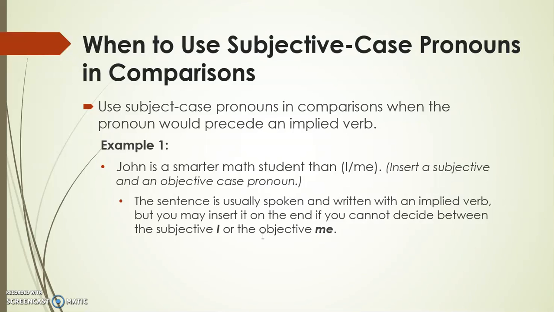Most of the time, in our everyday conversation, we would say John is smarter in math than me. This, however, is incorrect because the verb, which is implied, is going to require a subjective case. Let's look at the example a little bit closer, and I'll show you what I mean.